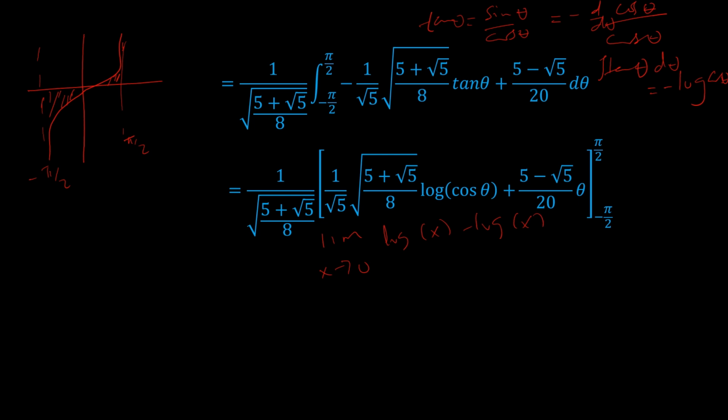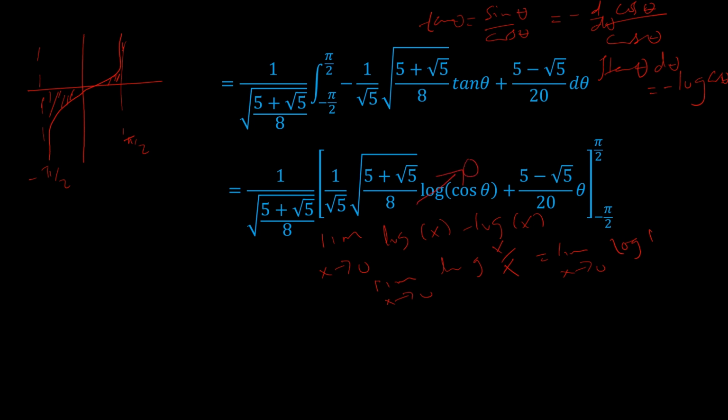Which is the same as limit as x tends to 0 of log x over x, which is equal to limit as x tends to 0 of log of 1. So in other words, putting in these limits, this part here tends to 0.